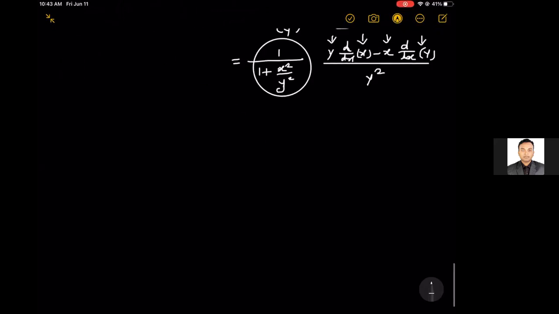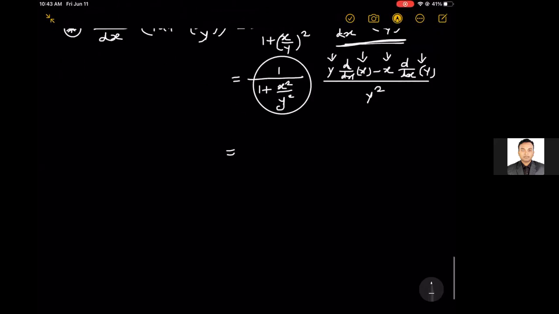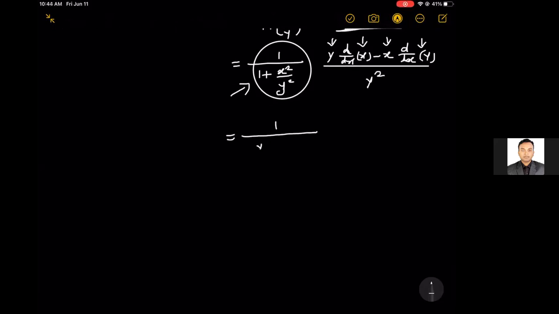Okay, now let's simplify the first half, which is this. For this, I can rewrite it as y squared plus x squared over y squared. Do you agree? Or do you want me to explain how I did that? You have already seen this in algebra class, that's for sure.